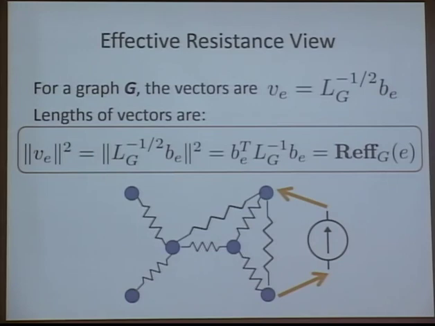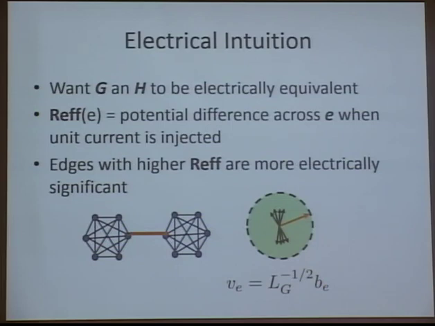This is very intuitively satisfying to me: you're interested in getting an electrical approximation of a graph, and the notion of importance of an edge is also a strictly electrical notion, effective resistance. Higher effective resistance means more important, and this rescaling exactly reveals this.